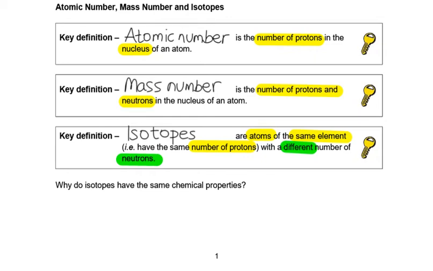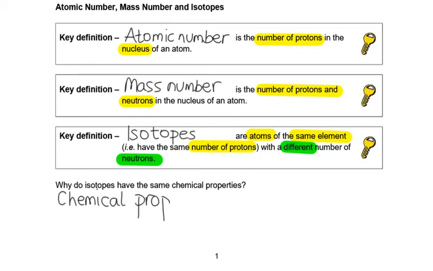Our last little thing to think about is to do with these isotopes. Why do isotopes have the same chemical properties? Well, that is because chemical properties are determined by electrons. Chemistry is all about the movement of electrons.